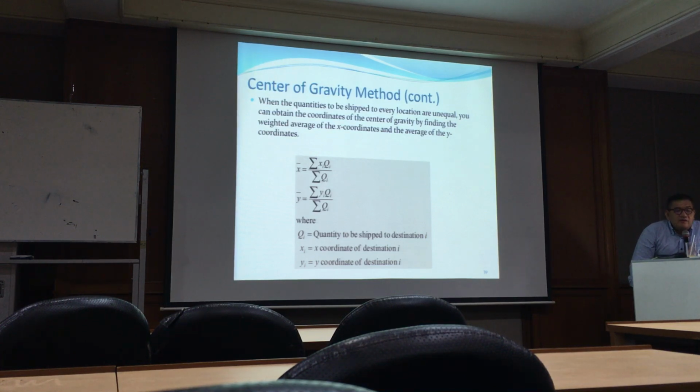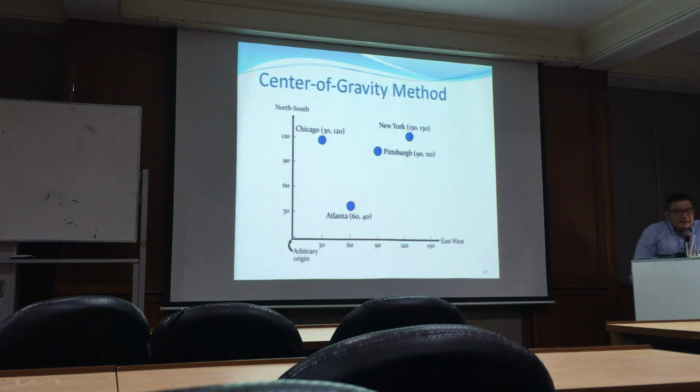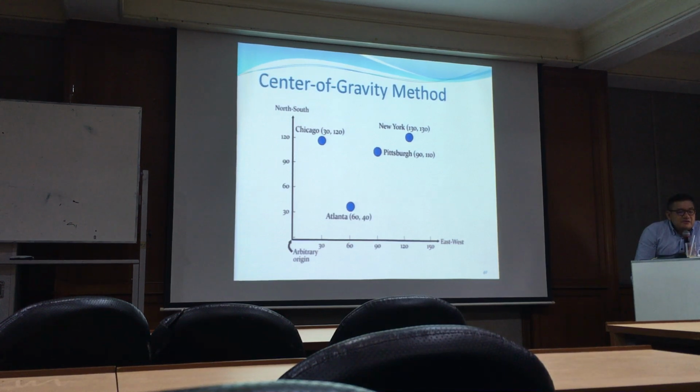We do the same way for the y coordinate: the summation of the y coordinate multiplied by the quantity, summed up, and then divided by the total quantity that you deliver. So, for example, let's say I have a list of 4 of my customers that I'm going to ship my products to: Chicago, New York, Pittsburgh, and Atlanta.